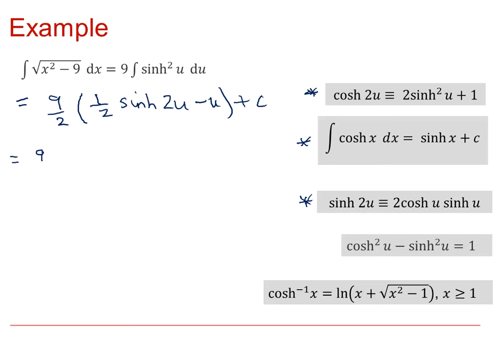So this gives us 9 over 2, and then the half sinh 2u can be replaced by cosh u sinh u. We've still got that minus u, and we've still got the plus c.